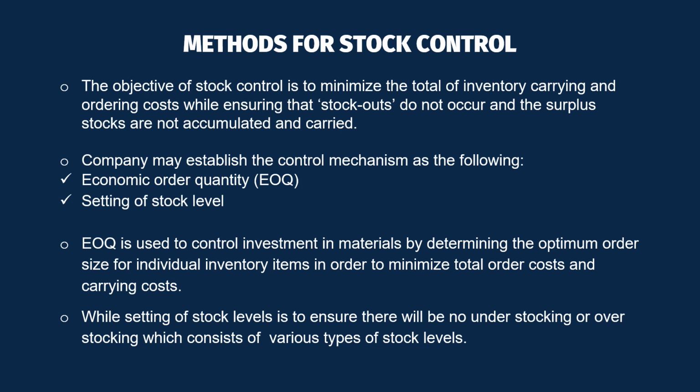Why do we need to find the optimum size of the inventory? Why can't we just order as we want? Because we want to minimize the total order cost and carrying cost. If you have higher order cost and carrying cost, the money that you use is considered over-investment, where the money can be used for other important activities.